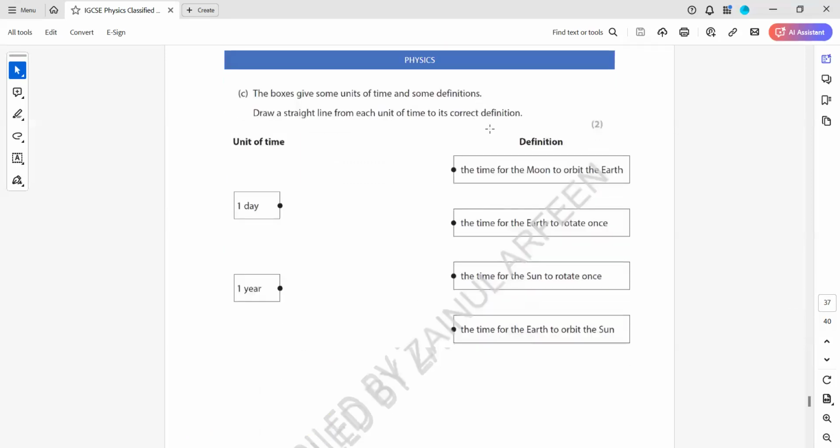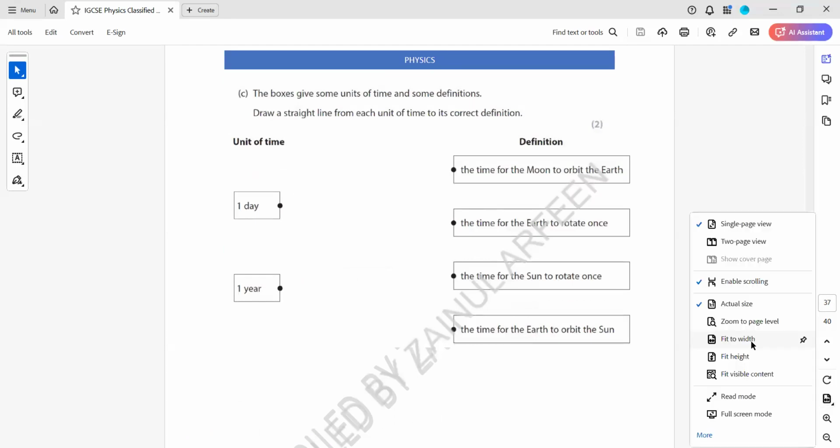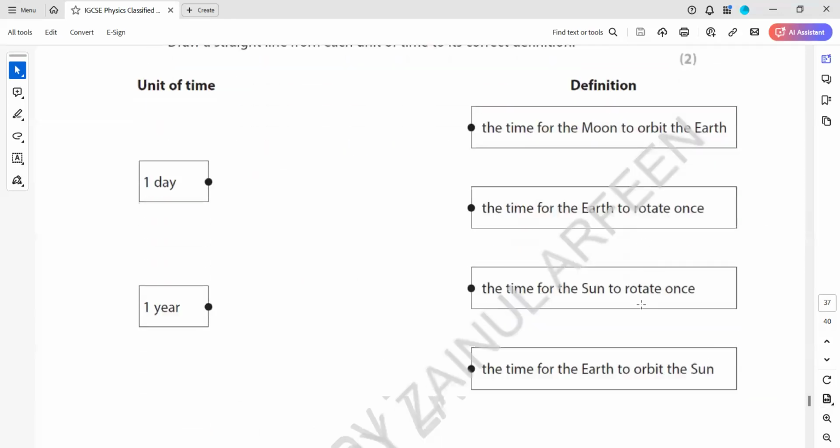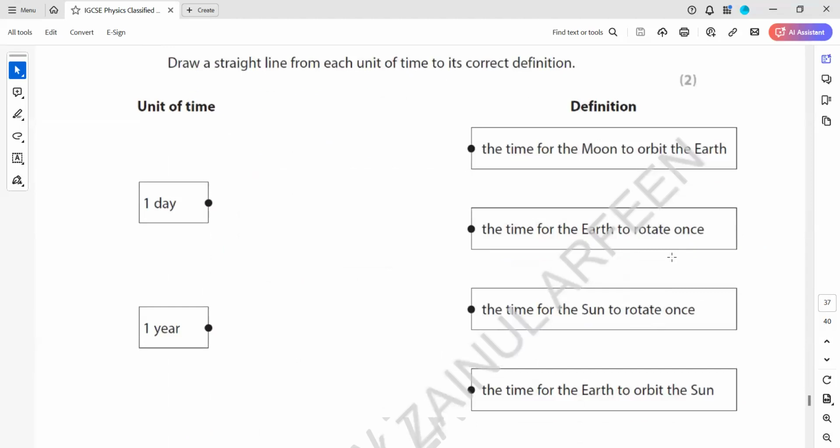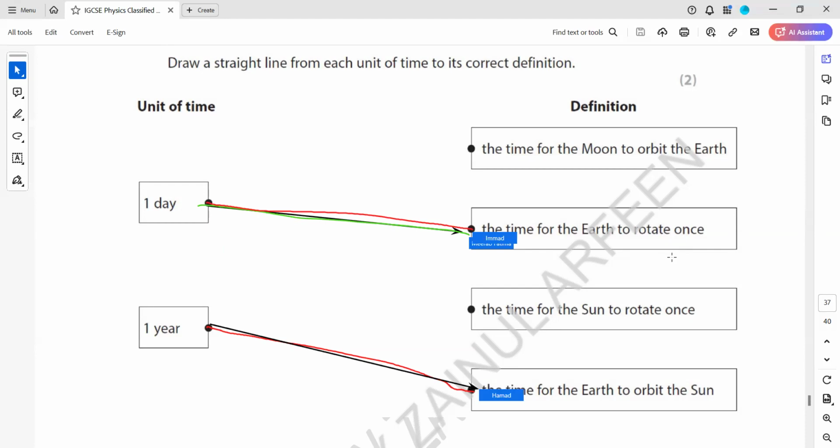You have to match the description. Just a minute, let me zoom in. So what is 1 day? The time for Earth to rotate once.